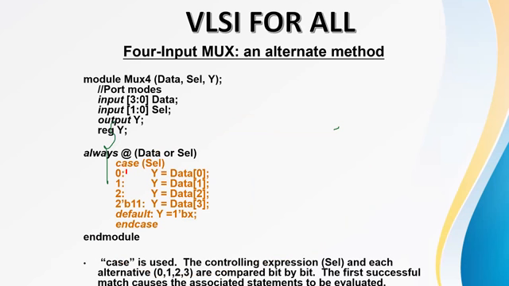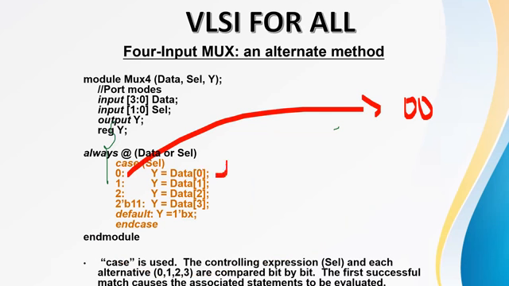Whenever the select line is 0 0, I'm assigning data D0 to Y. Whenever it is 0 1, I'm assigning data 1, that is D1, to Y. Whenever it is 2, that is 1 0, I'm assigning data 2 to Y.